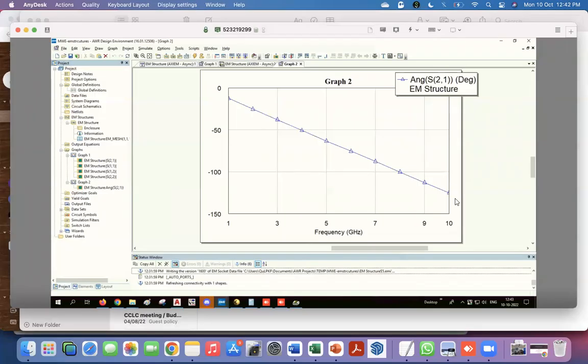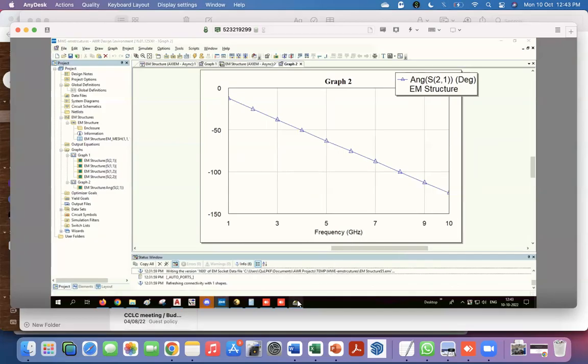So if you think in terms of how long the transmission line is in terms of number of wavelengths, that essentially tells you the electrical length, or the phase you will get as the wave propagates. So 180 degrees would have meant it's lambda by 2, but at this frequency, what it's telling you is that our transmission line's length is about 125 degrees at 10 gigahertz.